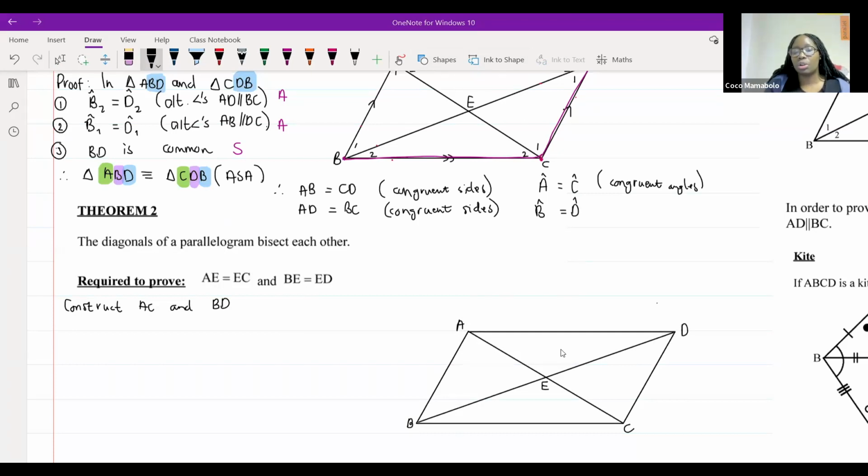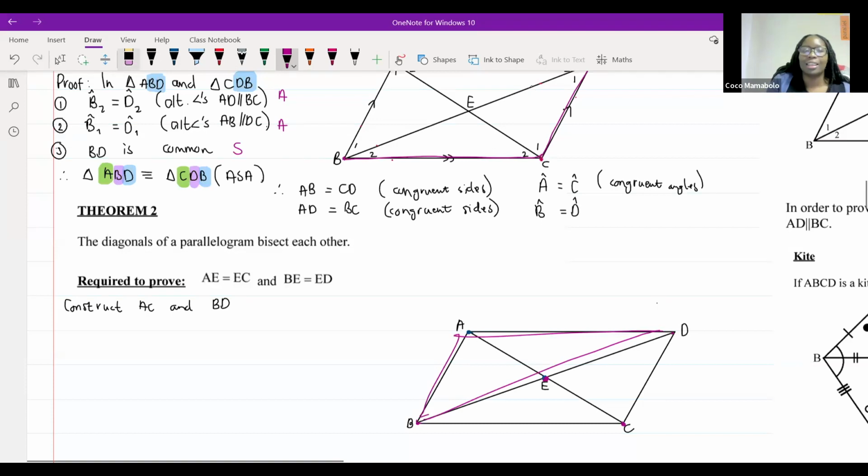Now, I want us to note something, guys. What we're required to prove says that we must prove that AE, that part, is equal to EC, that part, and we must prove that BE is equal to ED. Now, if we had to prove that these two sides are equal to each other, can I use the big triangle?